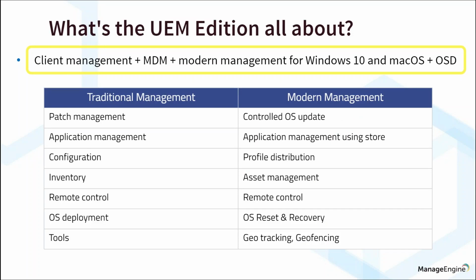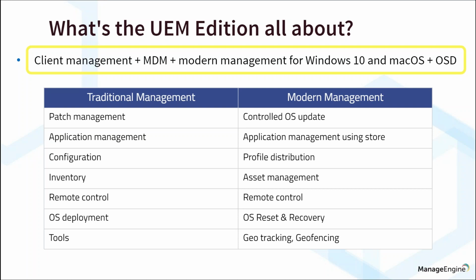In unified endpoint management, you can manage endpoints in a traditional IT management fashion. This includes patch management, application management, configuration deployment, OS deployment, tools for troubleshooting, and day-to-day management activities.